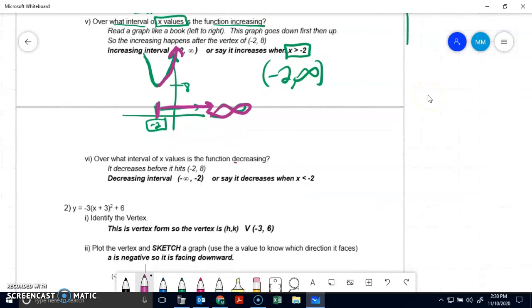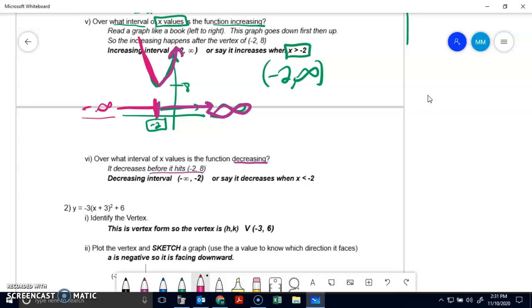How about a decreasing interval then? The decreasing interval, okay, so it decreases before it hits that vertex. So it's coming down. So we're talking about this right here. From negative infinity all the way till I hit negative 2, it's decreasing.